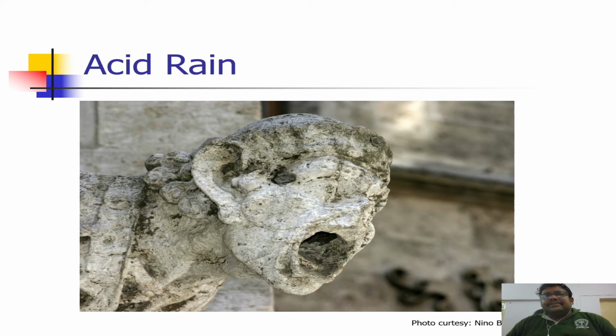Now, acid rain is an important agent of chemical weathering. As you can see, it is changing the chemical nature of this statue, which is made of marble. So this acid rain, which is acidic in nature, can create considerable chemical changes.